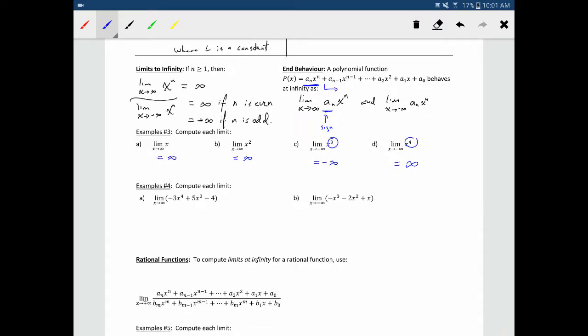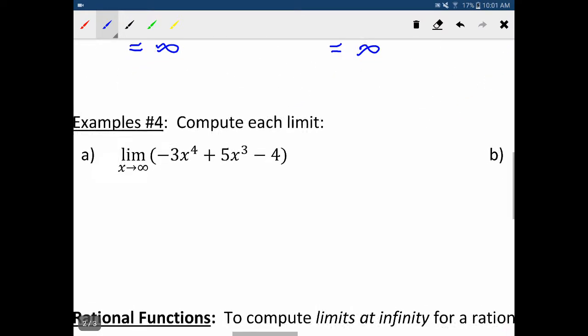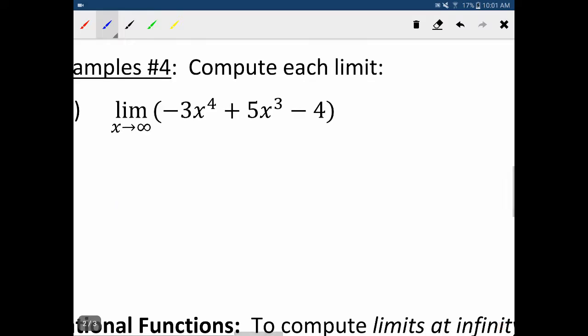Let's just do these ones here. These are a little bit more challenging. As I say, I am just going to look at the first term, the term with the highest degree. That's the one that matters. I can just say it's even, but it's negative. So it would approach infinity, but then that negative makes it approach negative infinity.